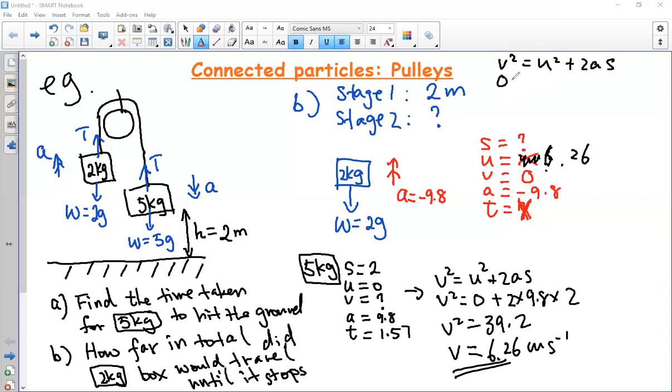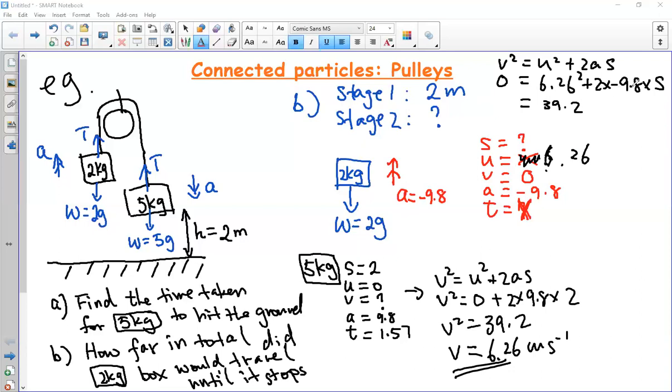So v squared is 0. u is 6.26, squared, plus 2 times acceleration, which is negative 9.8, times s. So now our 6.26 squared is 39.2, and 2 times minus 9.8 is 19.6.